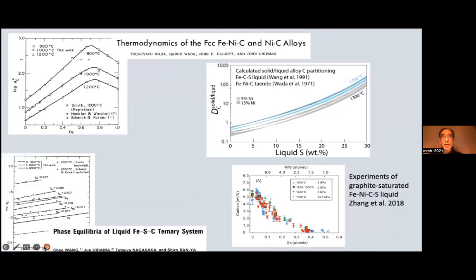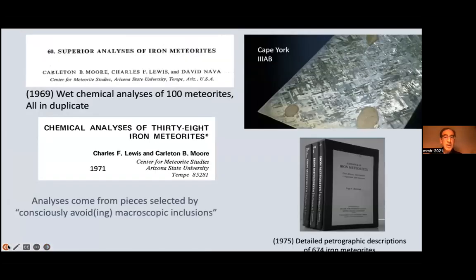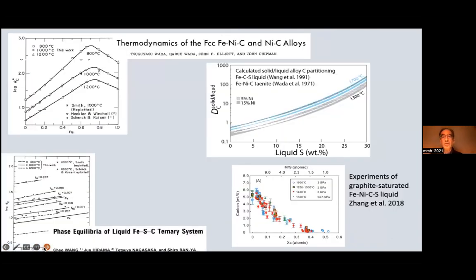I want to know the carbon concentration of these cores. But what I get in those analyses is the carbon concentration in the cumulates, right? So I need to reconstruct what the composition of the cores was.